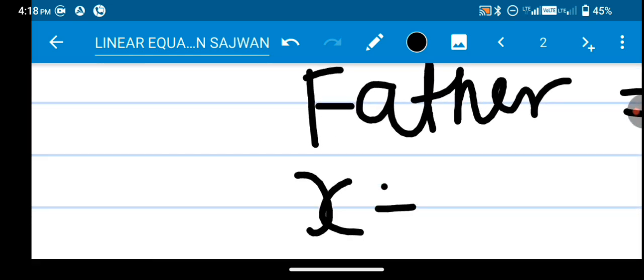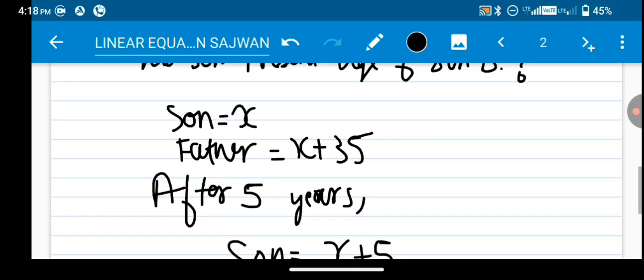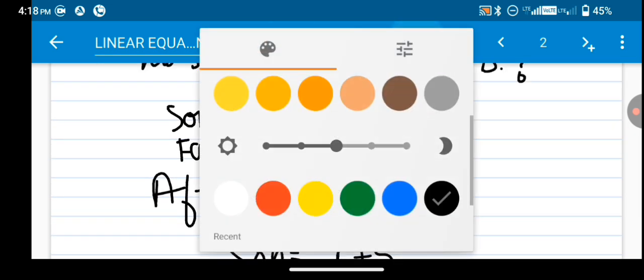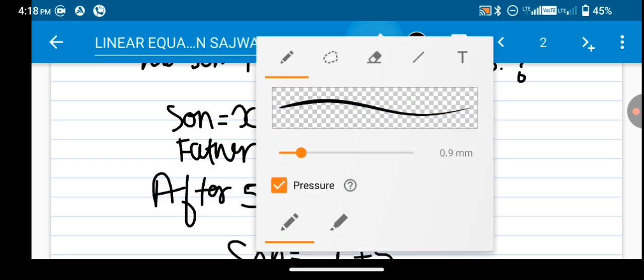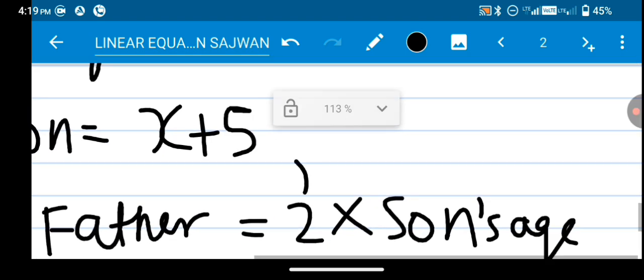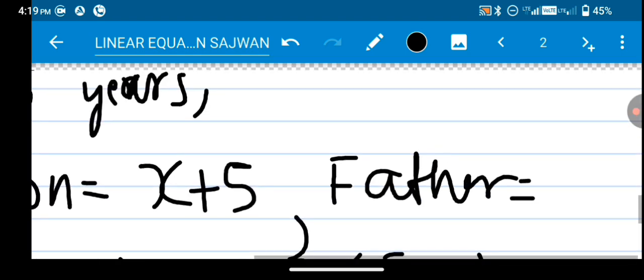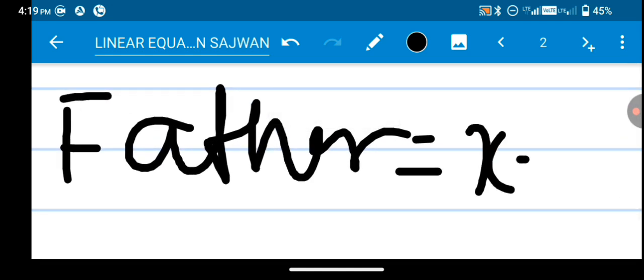The father is x plus 30 now. If we add 5 years, the father will be x plus 35.